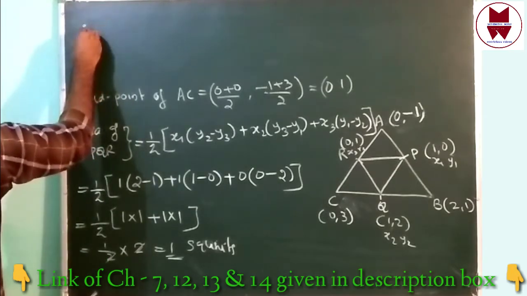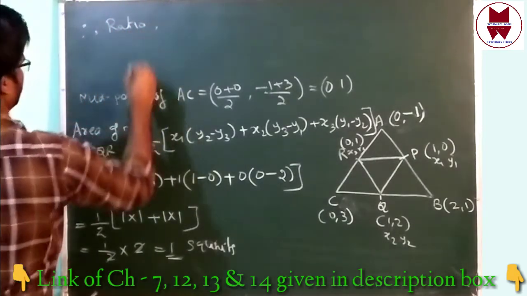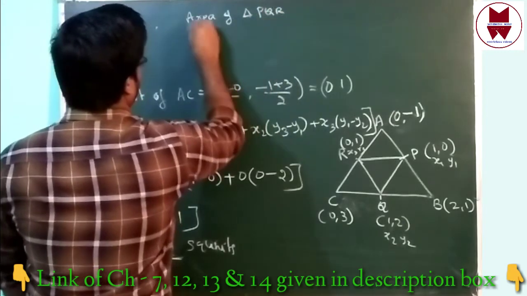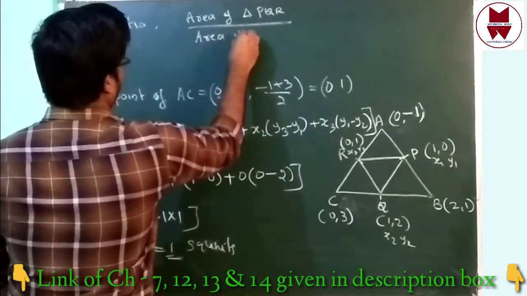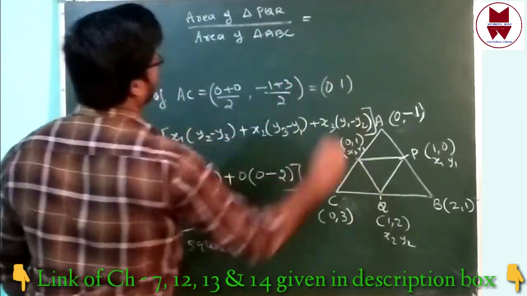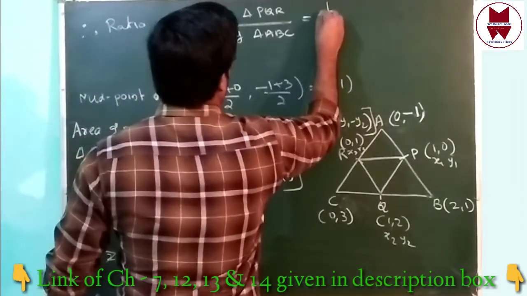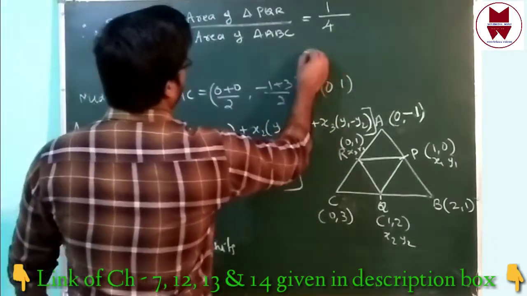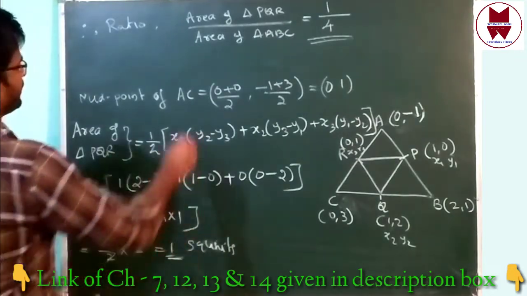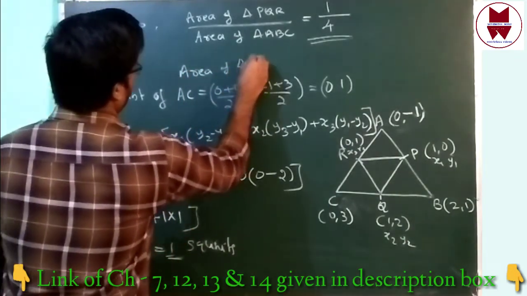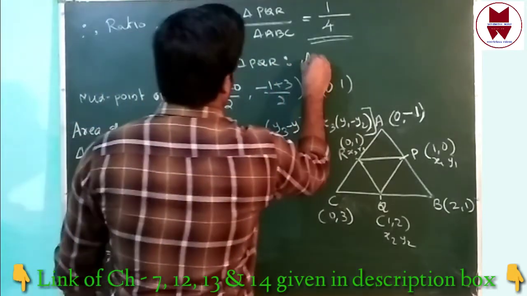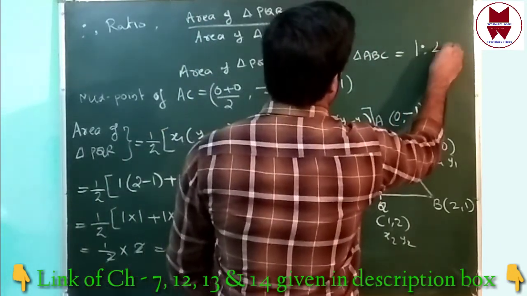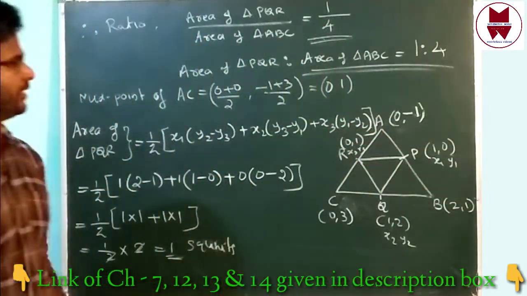Therefore, the ratio: area of triangle PQR divided by area of triangle ABC equals 1 divided by 4, that is 1 by 4. We can write this ratio, area of triangle PQR to area of triangle ABC, as 1 is to 4. That is our required ratio, 1 is to 4.